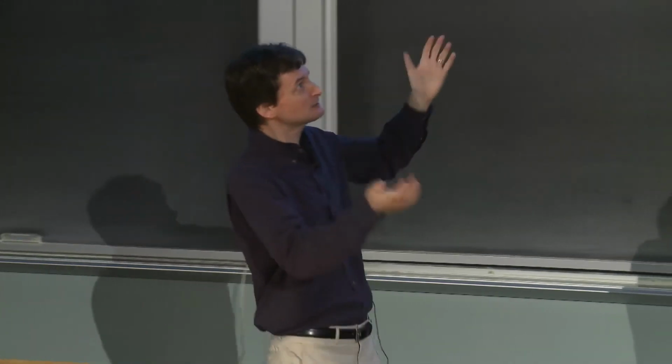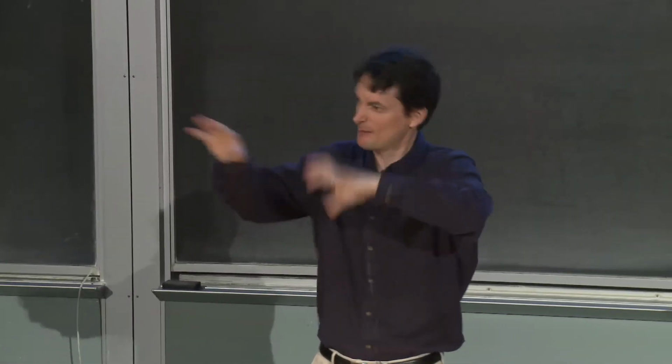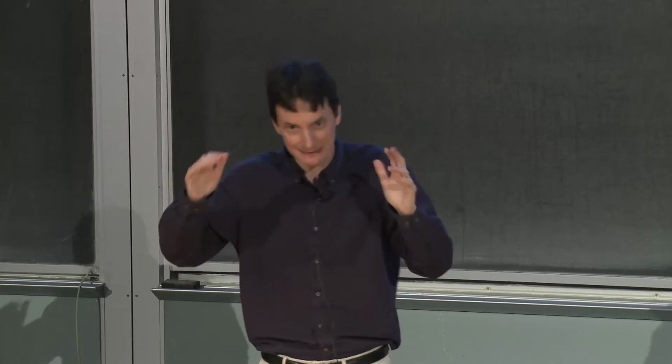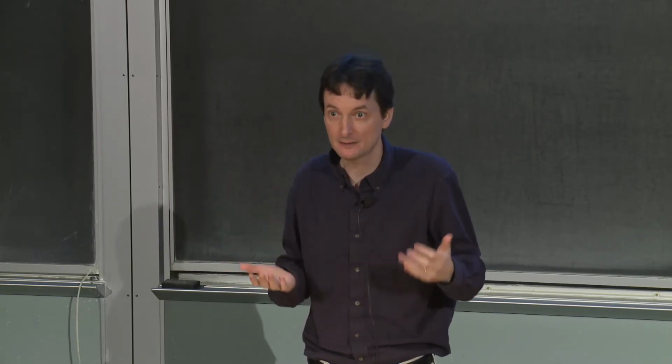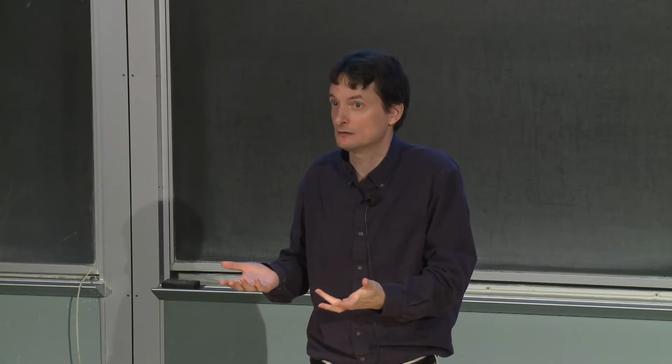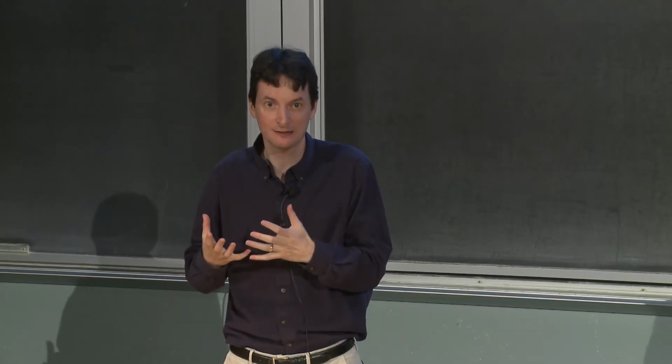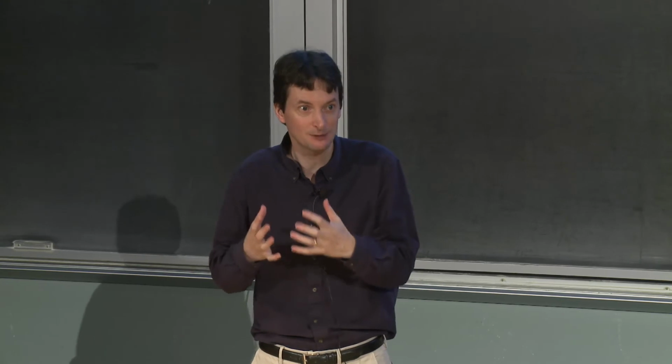So here's the way we do it. We say, here's a possible division of this network into groups. I'm going to come up with some division, and then I'm going to calculate the modularity. I'm going to see if that's a big number. If it is a big number, then that was a good division. So the way we do this in practice is we just look through every possible way of dividing up the network, and we find the one that has the biggest value of the modularity, and that's the best possible division into groups.